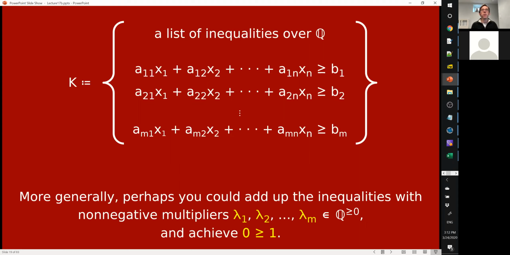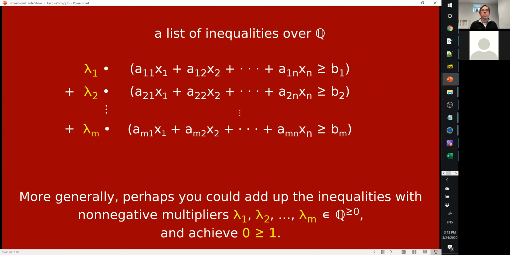And then the miraculous thing happened, which is maybe less miraculous if you choose these lambdas carefully, that everything on the left-hand side cancels out, and everything on the right-hand side becomes the constant 1. This would also demonstrate that there's no solution to these inequalities. And this is the kind of proof of unsatisfiability that we're going to be talking about for linear programs.